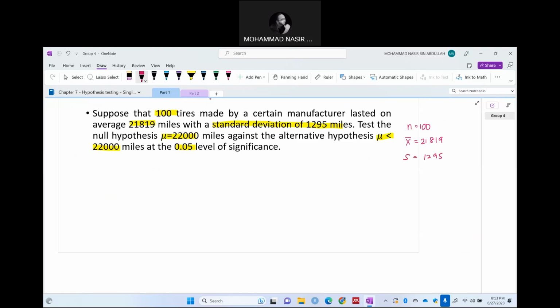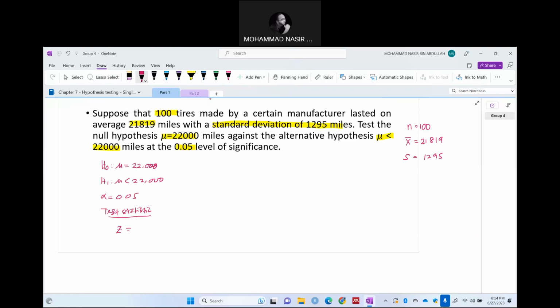First we state the hypothesis statement. Null hypothesis mu equal to 22,000 and alternative hypothesis mu less than 22,000, and our alpha is 0.05. The test statistic will be Z distribution, because this is unknown population variance but sample size more than 30.